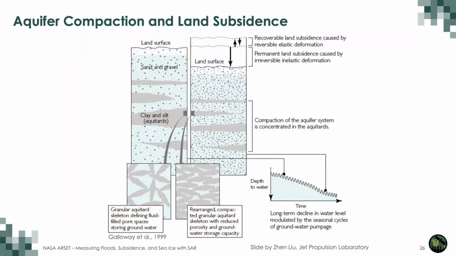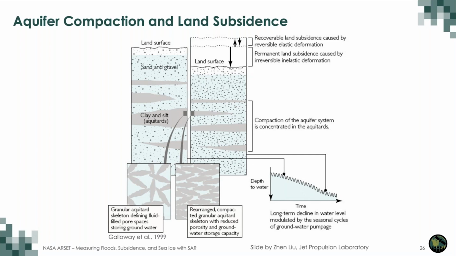So how does the extraction of groundwater actually cause the ground surface to go down? This is a cartoon from a paper by Devin Galloway and others. We have this sand and gravel in the subsurface, and especially the silt or clay layers in the subsurface have clay particles that are generally sort of flat.